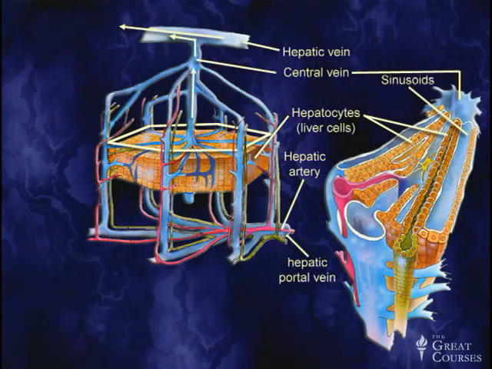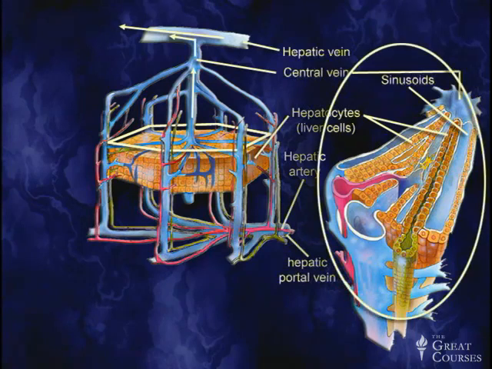Now, this is very important, and I want you to look at what happens here in the liver. There's intimate contact and proximity of all the hepatic elements with every single piece of blood supply. You can imagine that it would be very easy to cause obstruction in this area.